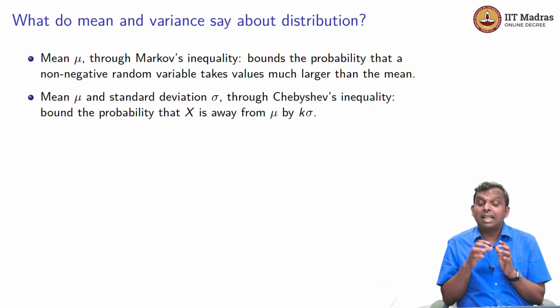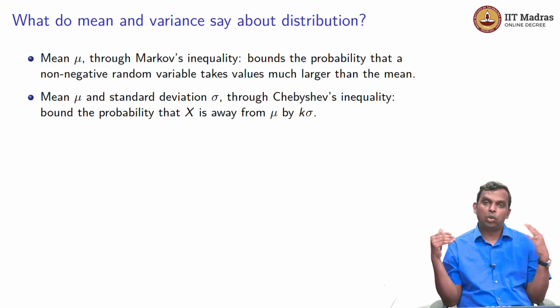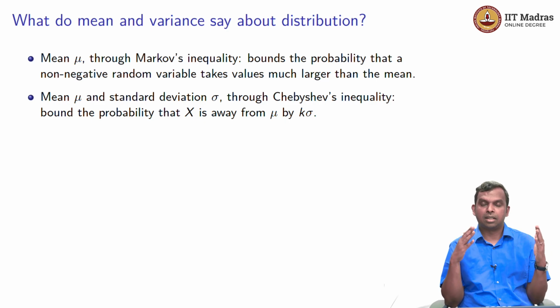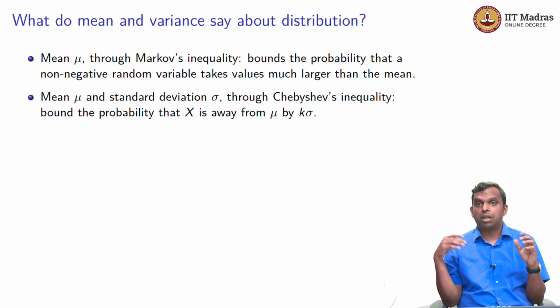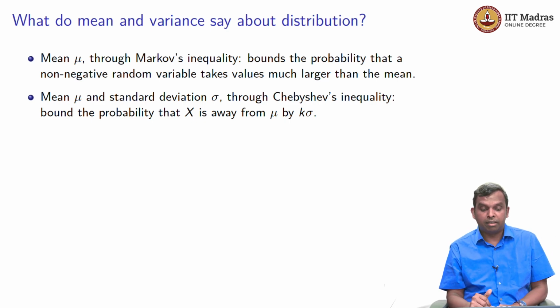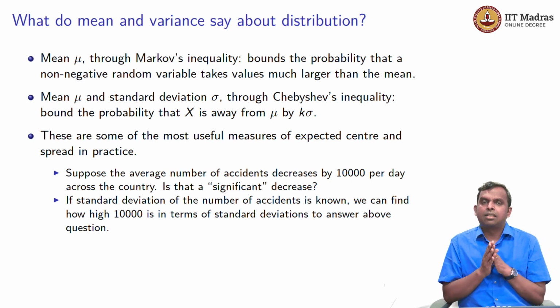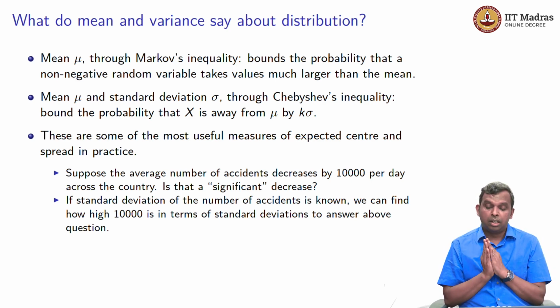Given the mean and the standard deviation, Chebyshev's inequality gives you a very nice bound on the probability that x goes above μ + kσ or below μ − kσ, bounded by 1/k². Very nice expression. So mean and variance, through these bounds, give you a very nice characterization of how much a random variable has deviated from its center.